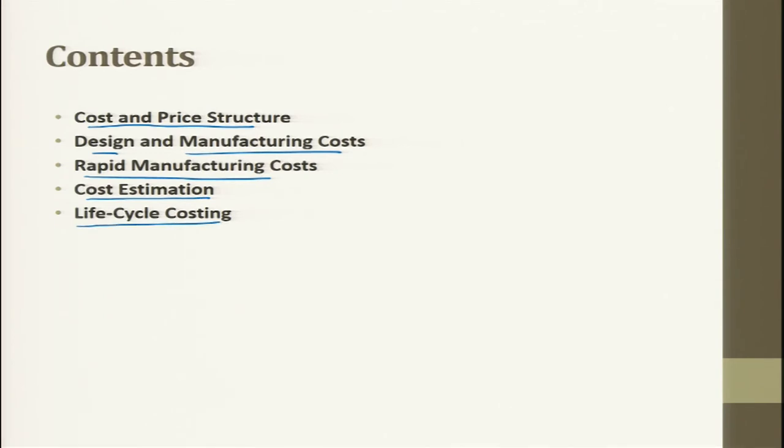Now, when we talk about cost, in traditional subtractive manufacturing, we have the raw material suppliers. There are multiple suppliers, for instance 3 suppliers here and 3 suppliers here, and in between we have manufacturing.